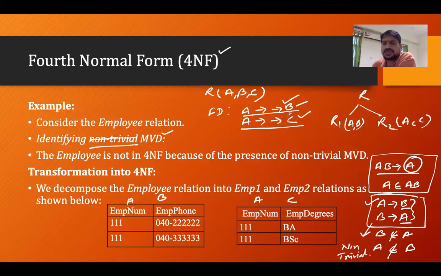It is also non-trivial like A multi-value determines B. Can I say that B belongs to A? No, right? And for this also, I cannot say that C belongs to A. So it is called non-trivial.